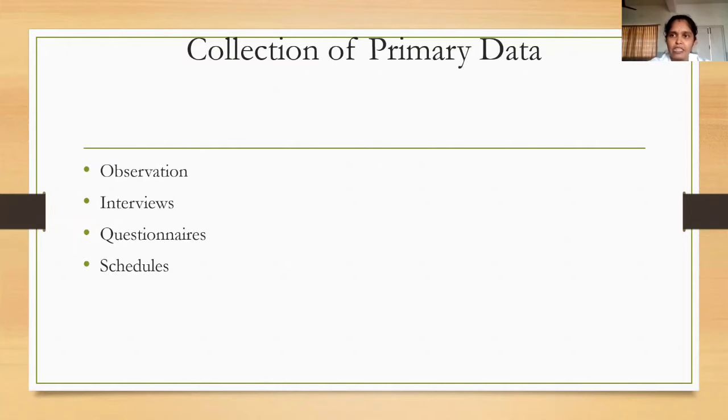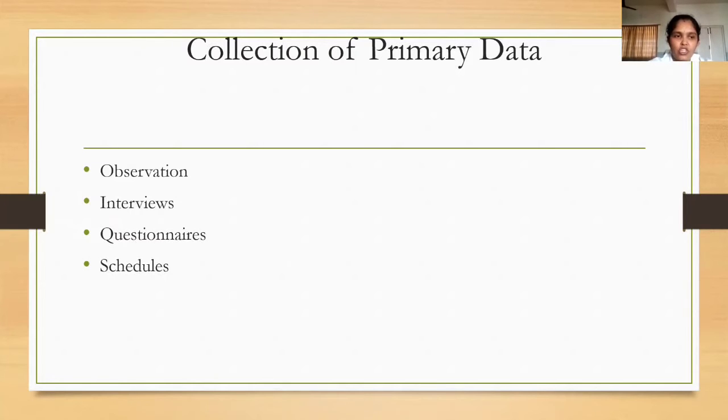The steps in preparing this observation method: determine what needs to be observed, select the participants whom you are going to observe, conduct the observation and compile the data, and at last analyze the collected data.